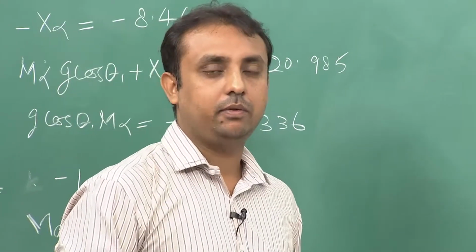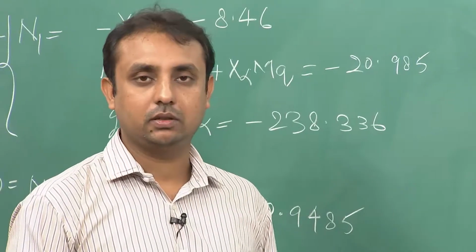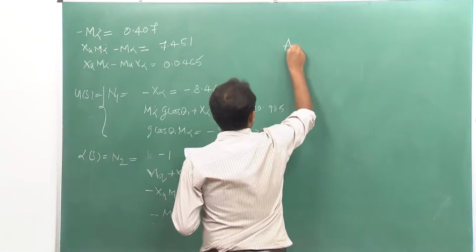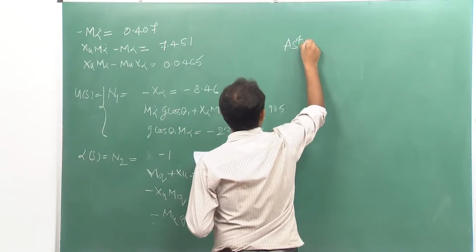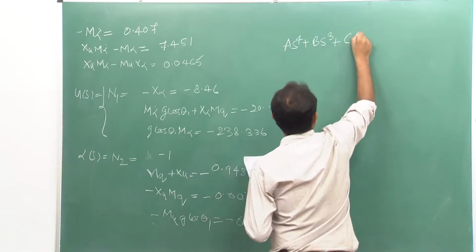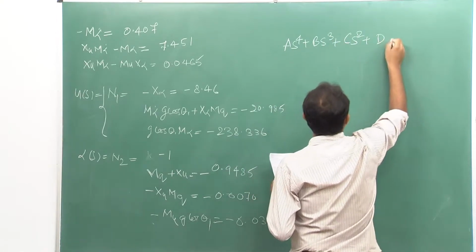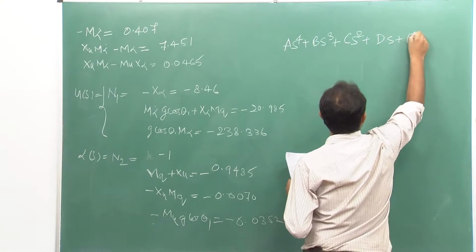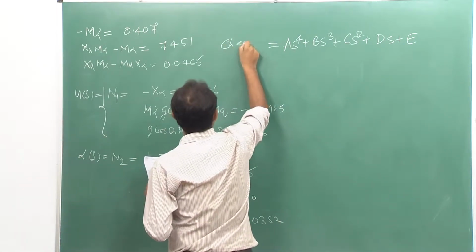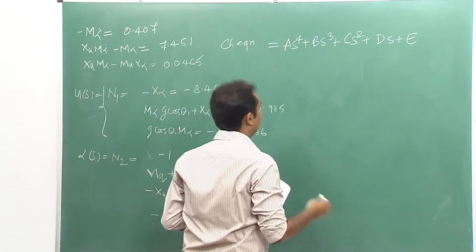which we already derived while we were studying transfer function, which came in the form of a s4 plus b s cube plus c s square plus d s plus e. This was the characteristic equation of my longitudinal equation of motion.